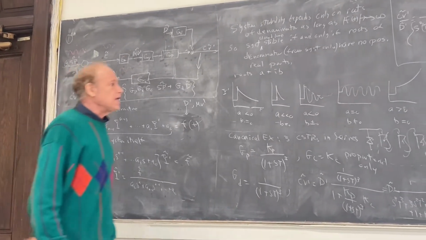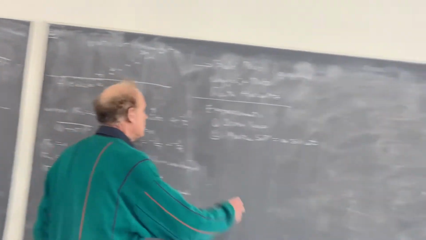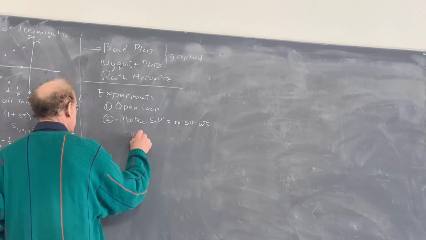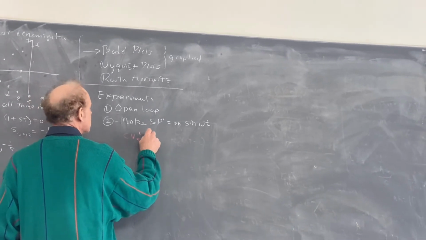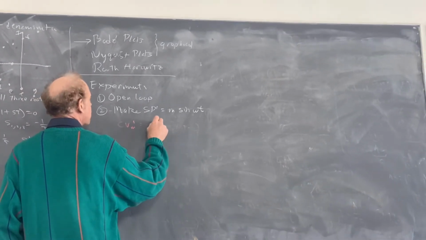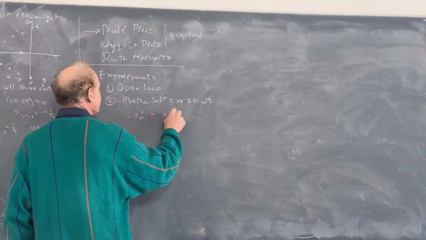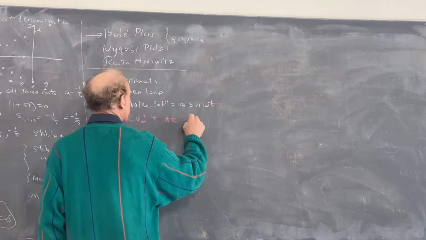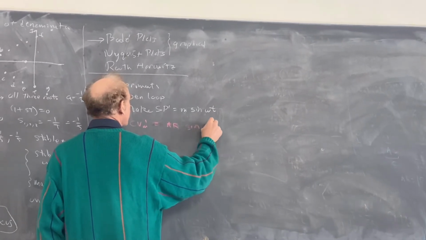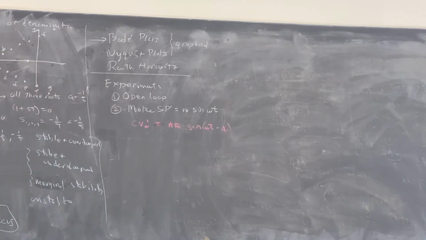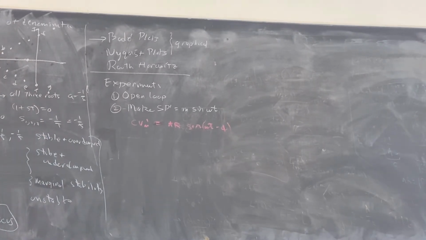So CVM prime might be equal to an amplitude ratio times the sine of omega t minus phi. So there might be a phase angle, phi, phase lag.